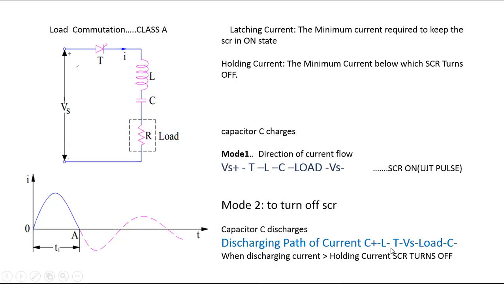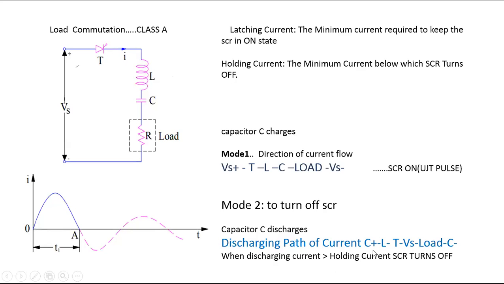From the inductor it flows through the SCR in this direction. Which terminal is it entering now? Anyone, student? Which terminal does the current enter first now? Cathode terminal. So you must design the circuits in such a way that, in order to turn off the SCR, you pass the current towards the cathode terminal.